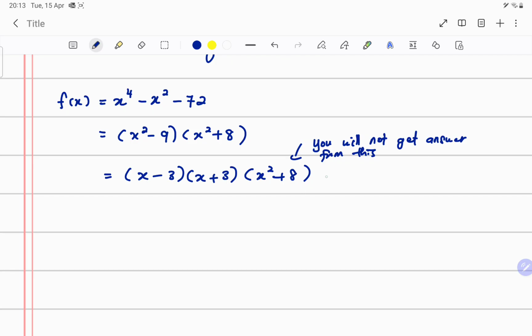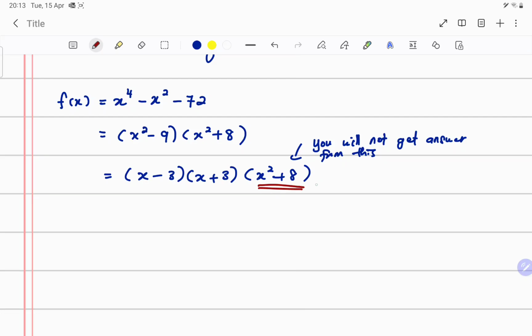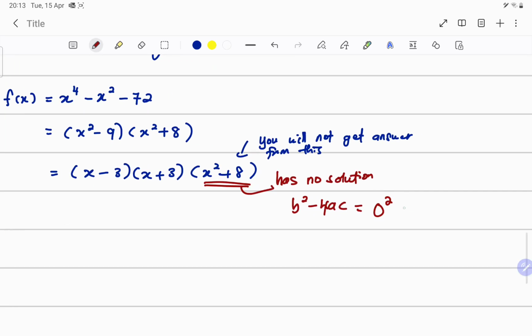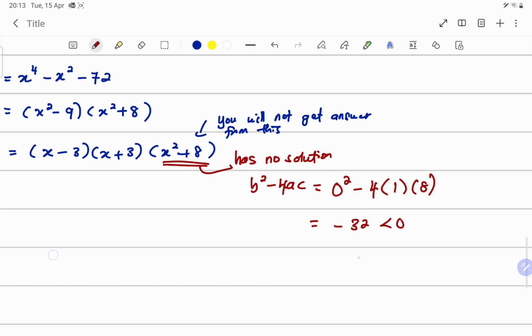This part has no solution. How do we know whether it has a solution or not? Using b squared minus 4ac. So you substitute: b is 0, so 0 squared minus 4 multiplied by 1 multiplied by c, which is 8. The answer is equal to negative 32, less than 0, right? So that's why there is no solution.